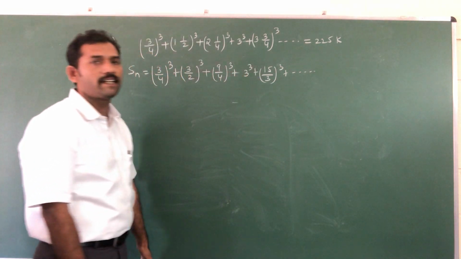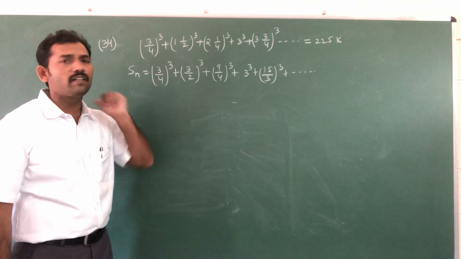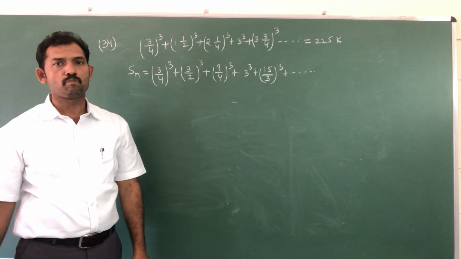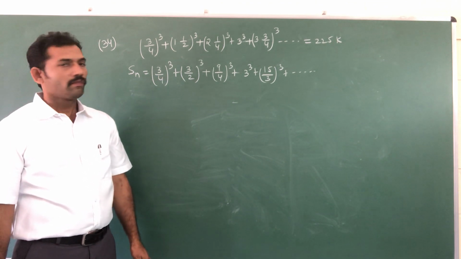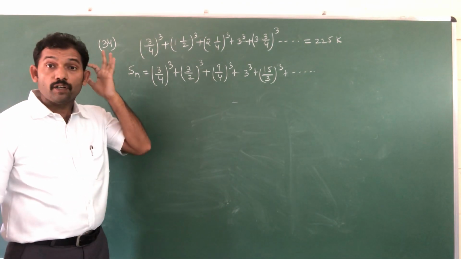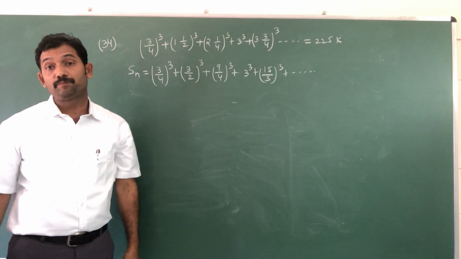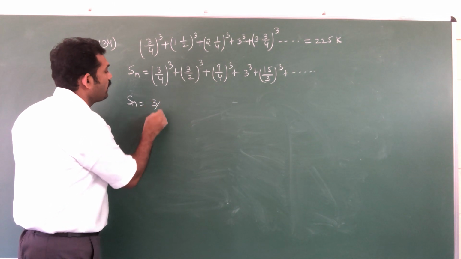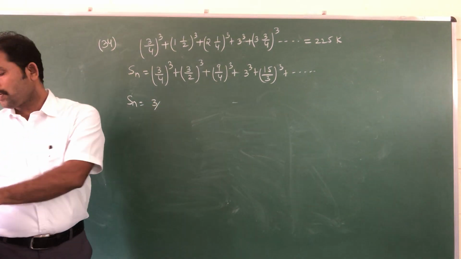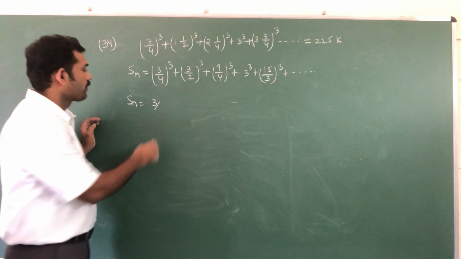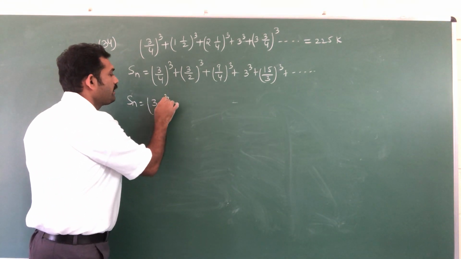This is Sn, I consider. Is there any value common here? Yes, (3/4)^3 is common.